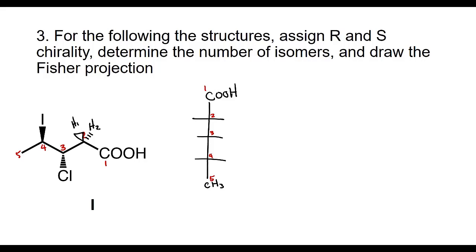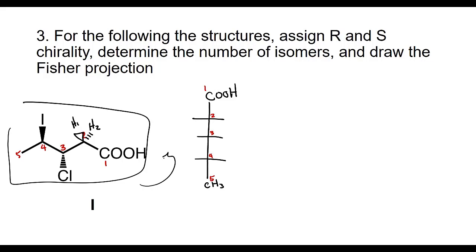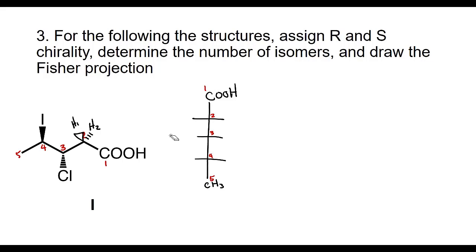So basically all I have to do is rotate this entire graph 90 degrees. So H1 is out of the page, so it's on the right, since our carboxylic acid is in the front, or the top, furthest away from us.